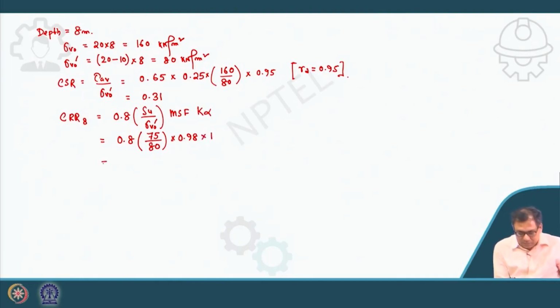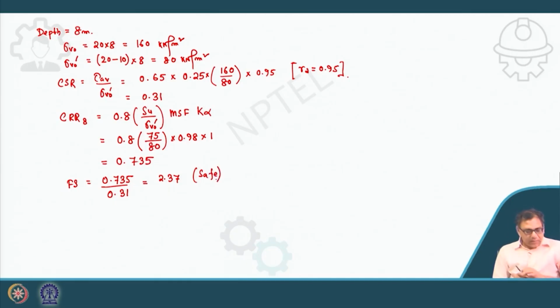So this value will be 0.735. So the factor of safety is 0.735 divided by 0.31. So it is 2.37. Still it is safe.